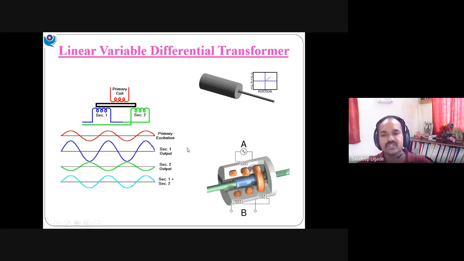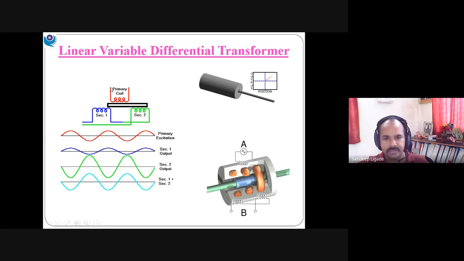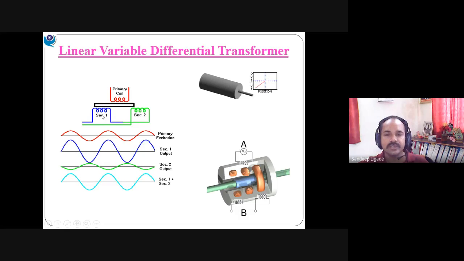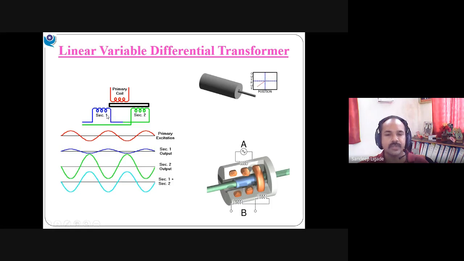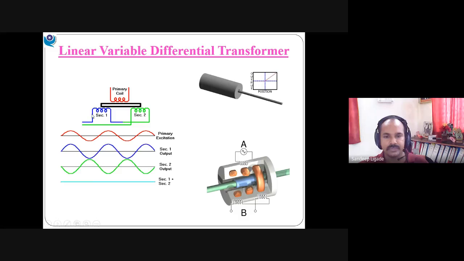So when we see the construction of the LVDT, there is one primary and two secondaries, and the two secondaries are opposite to each other. This is secondary 1 and this is secondary 2, and in between, whatever is moving is a simple core, right?